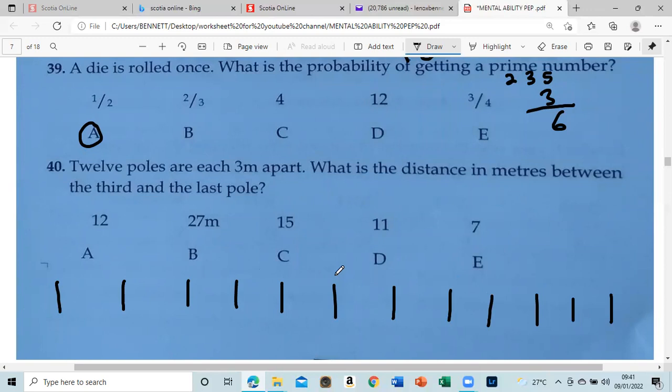And each one of them, the distance is 3 meters. 3, 3, 3. Just put it in, guys. Freestyle it, all right? Each one of them has 3 meters.